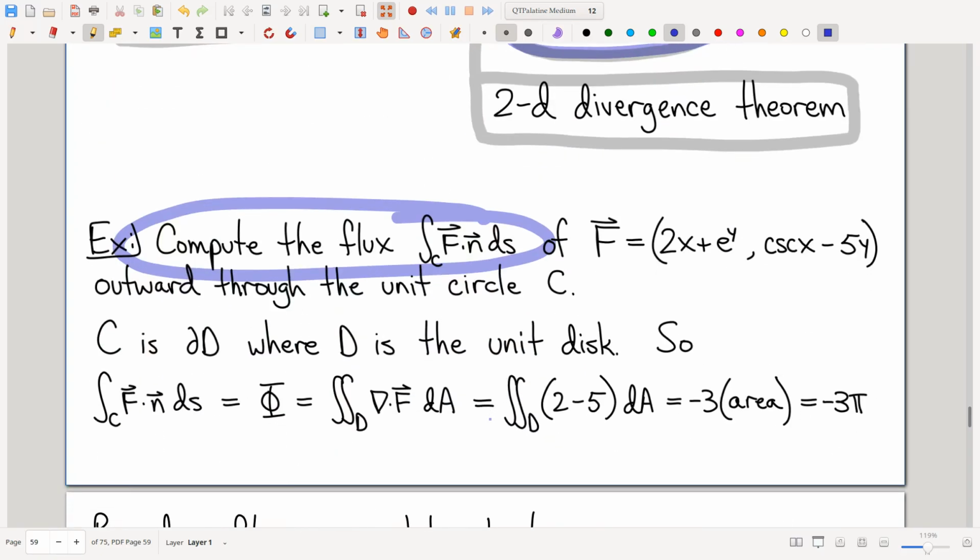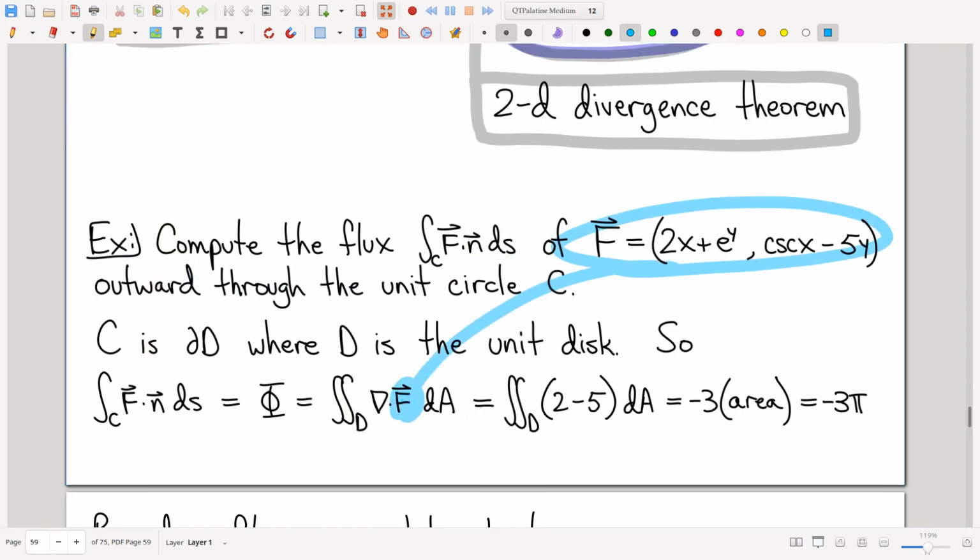So you see right here, flux, double integral with divergence. Divergence is easy to compute. We take our vector field, we compute the appropriate partials. The divergence ends up being -3. We have an easy double integral victory. Nothing to it. Everybody happy?